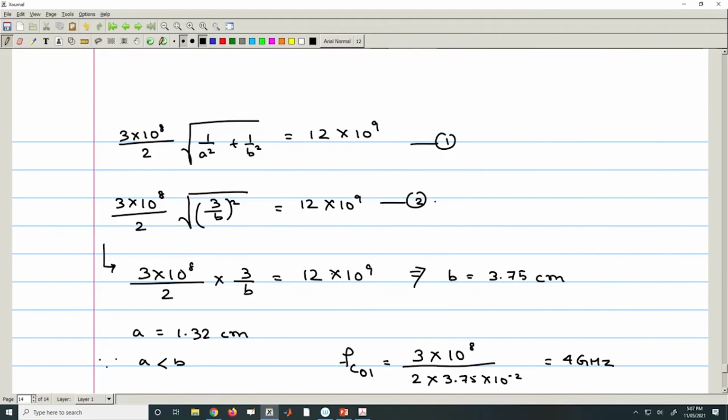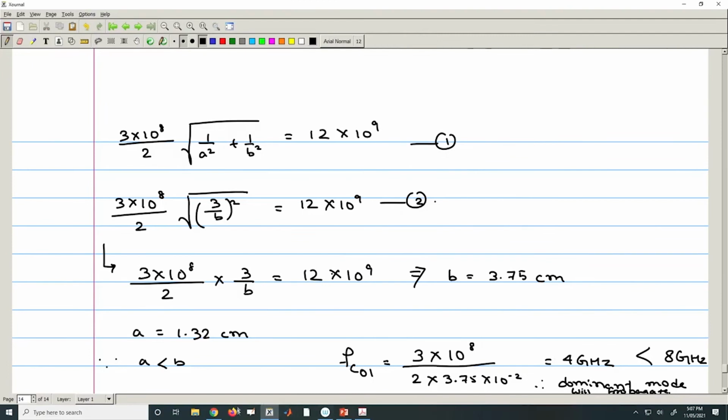So, the cutoff is 4 gigahertz, which is less than 8 gigahertz. And therefore, the dominant mode will propagate. So, we can comment like that, dominant mode will propagate.